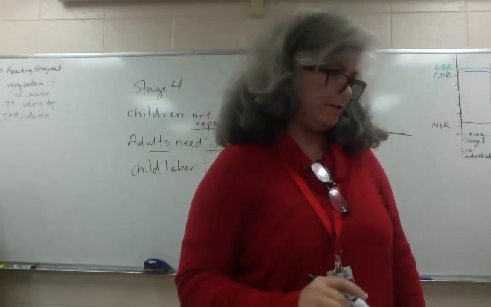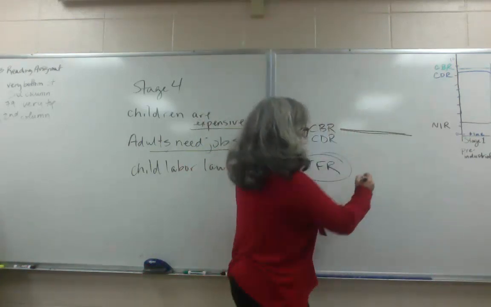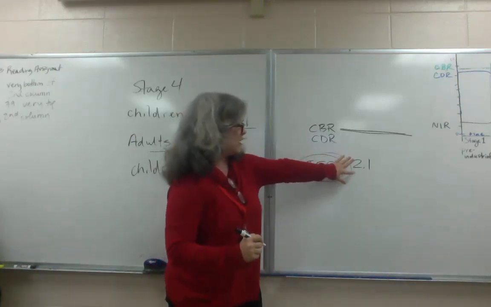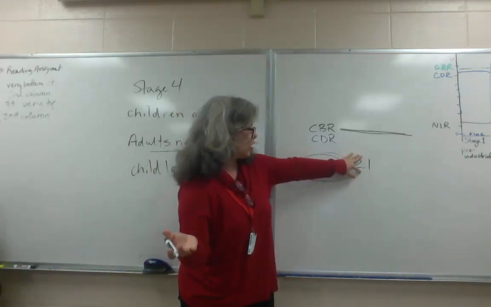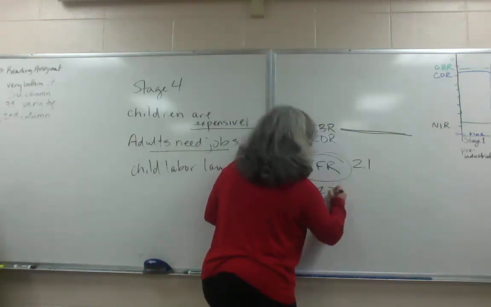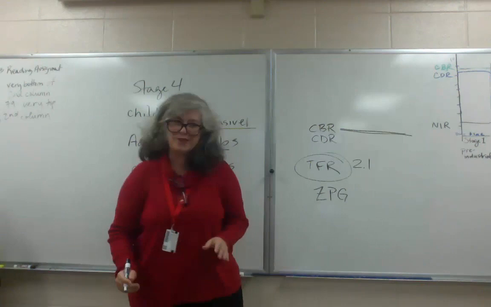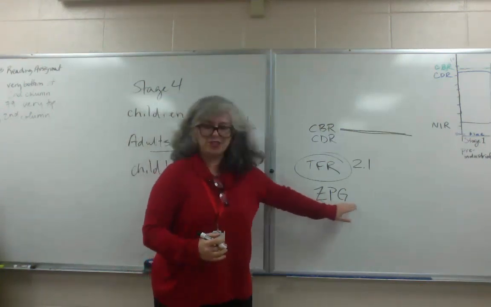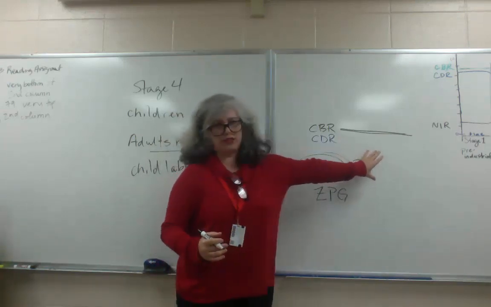So if you have a 2.1 total fertility rate, that's 2.1 children per female, then you've got 0 population growth, which I've got a whole lot of 3-letter abbreviations for you, but 0 population growth would happen when your total fertility rate is like 2.1.